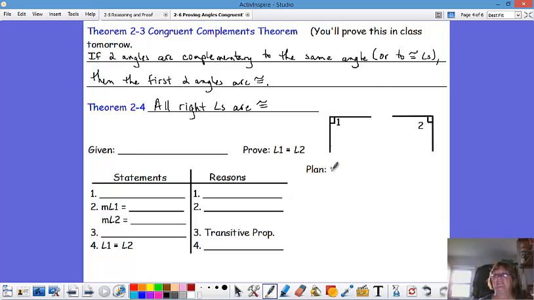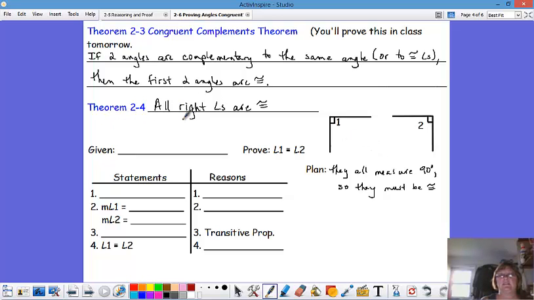So our plan for this is to just say they all measure 90 degrees, so they must be congruent. I won't always write the plan out, but I'll always talk through the plan.